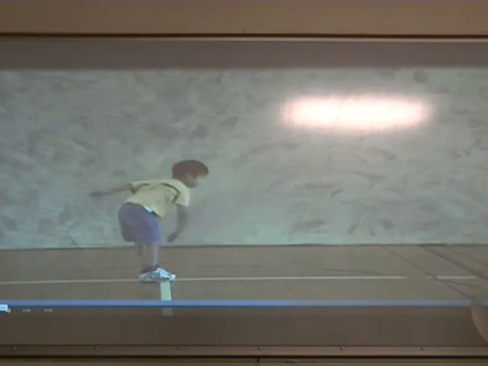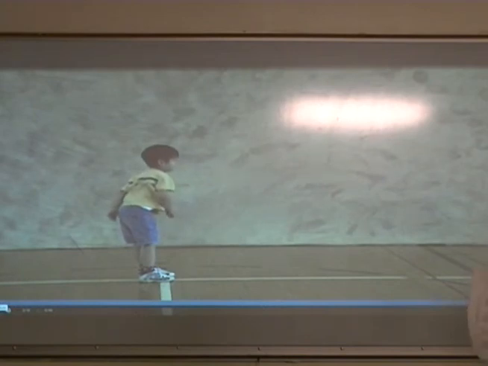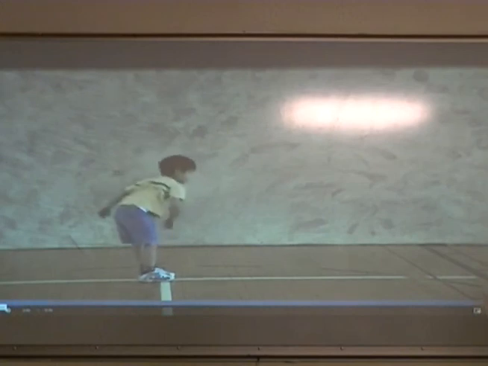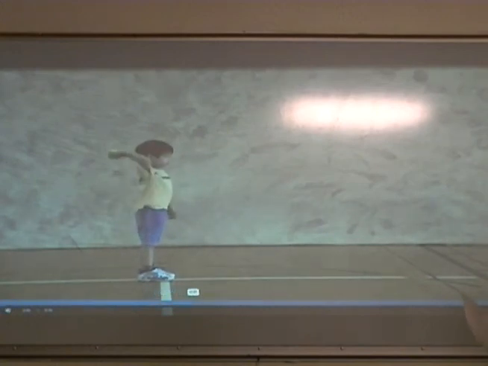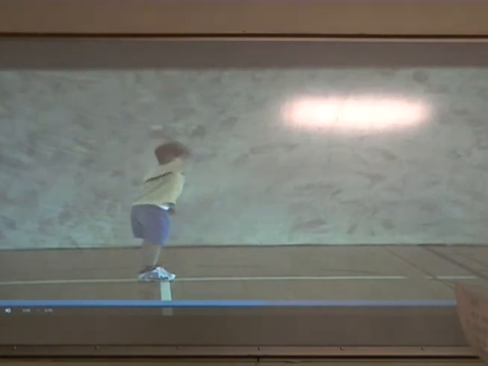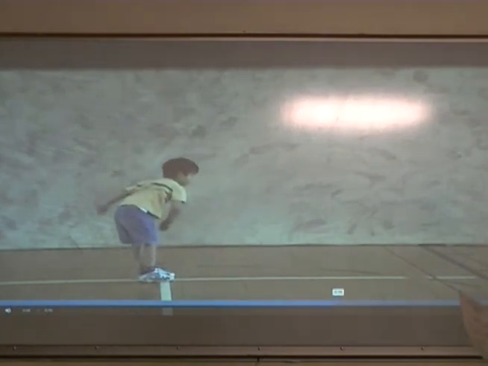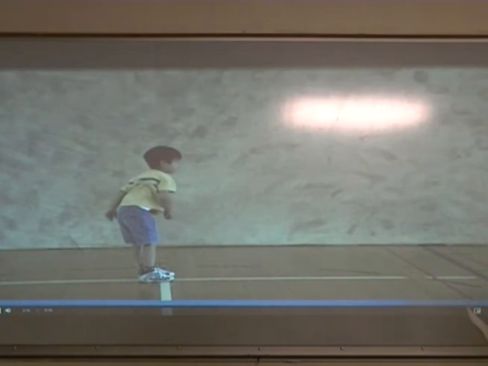A 1? Okay. Because? I think he's flat-footed. He is flat-footed. There's no feet movement at all, right? No. So, feet not moving would put him in 1 or 2.